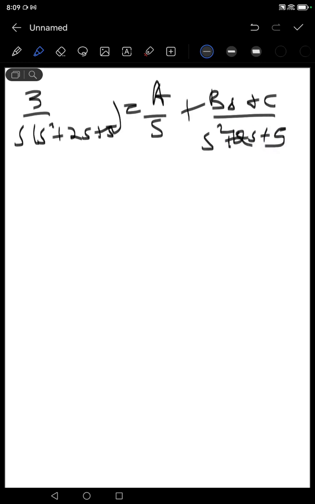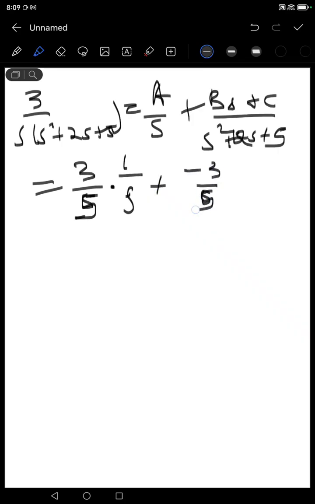So we have 3 over 5 multiplied by 1 over s, the 5 and s being the same, plus negative 3 over 5 s minus 6 over 5, all over s squared plus 2s plus 5.